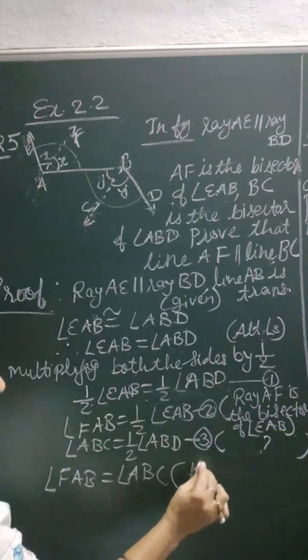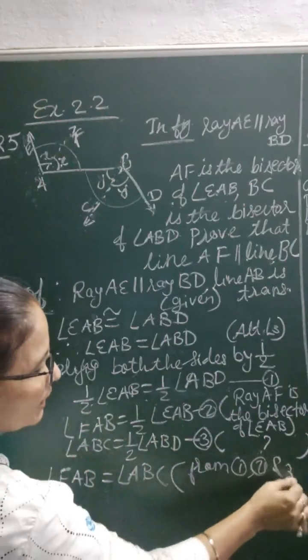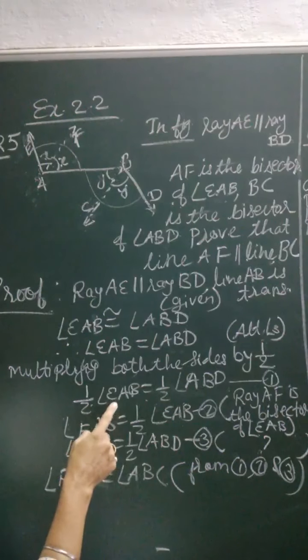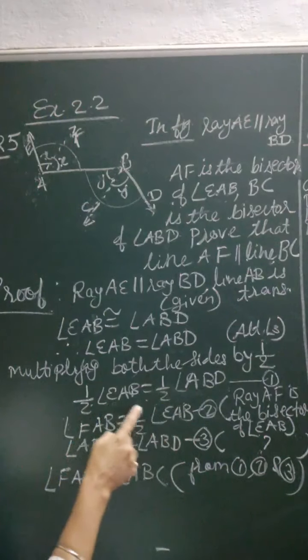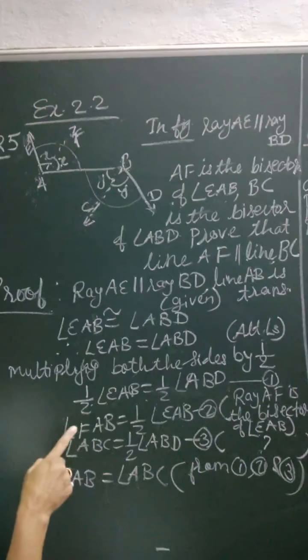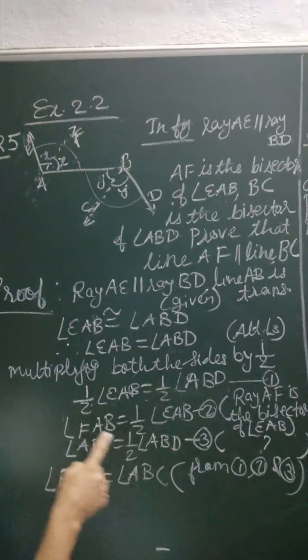This you have got from 1, 2 and 3. This we have all studied in properties of congruent angles. Now this half of EAB and half of EAB cancelled, and this half of EAB is equal to FAB. But half of angle ABD also cancelled, and what is left?